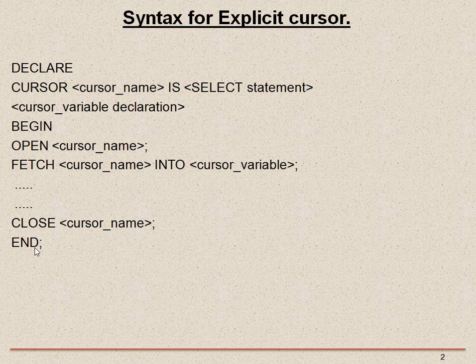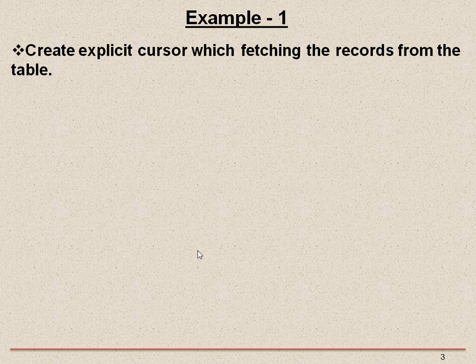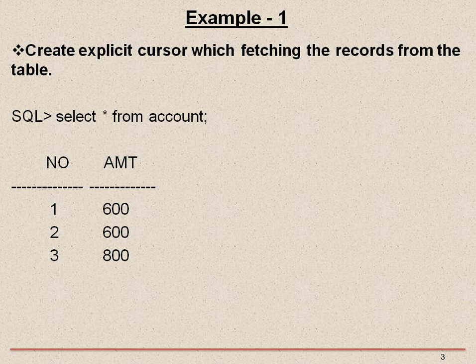Okay, now we move ahead and discuss the first example. The definition is: create an explicit cursor which fetches the records from a table, and the table information you can see here. Select star from account table, which contains two fields, number and amount.